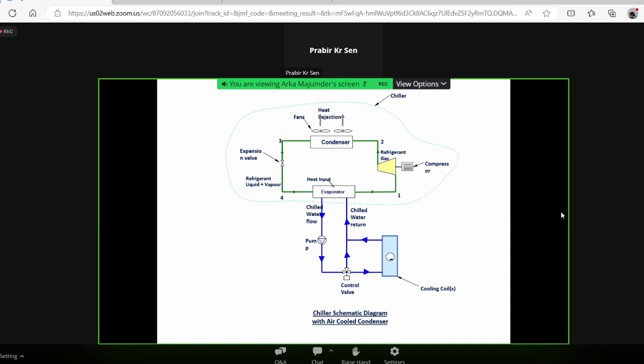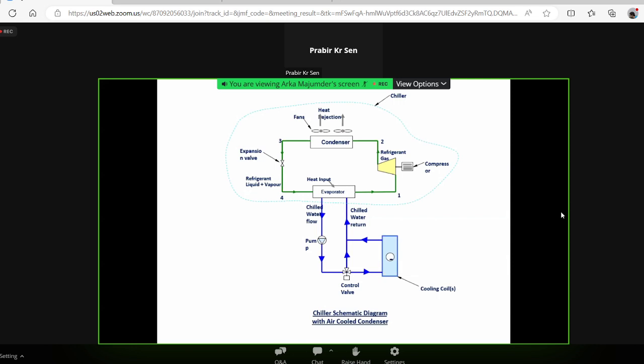So to avoid that, we first cool some water by expansion of refrigerant gas, and we take that cooled water to various areas for using in the cooling coil. So this is called a chilled water system.